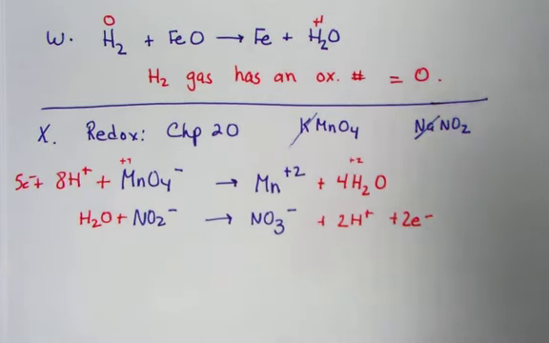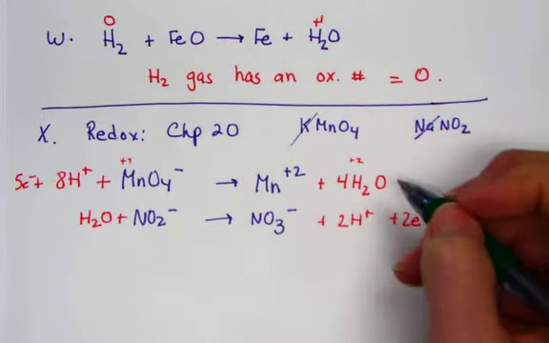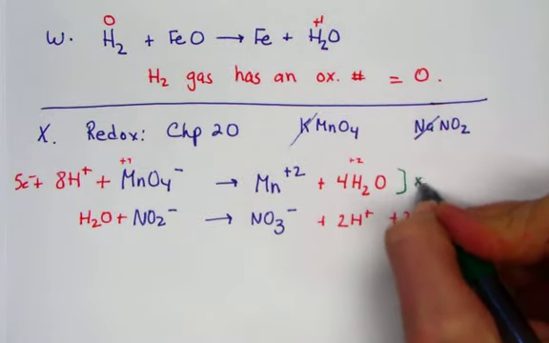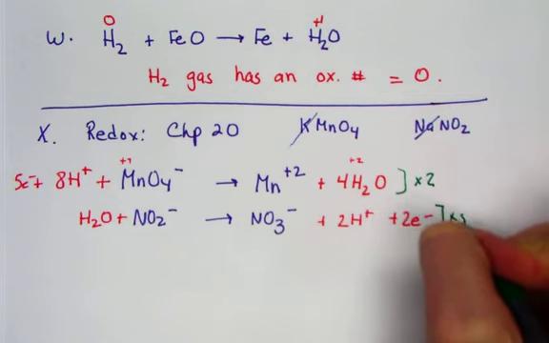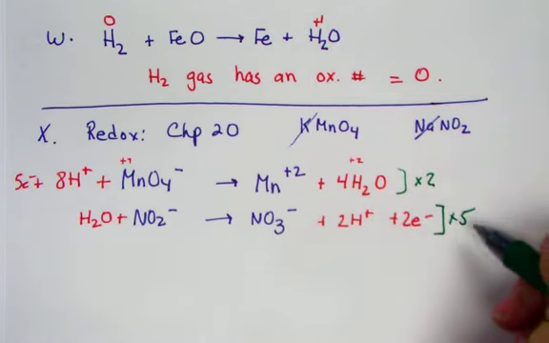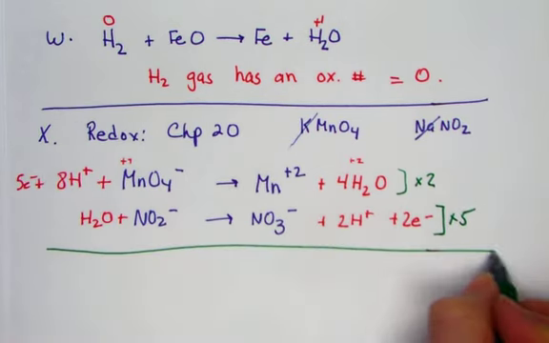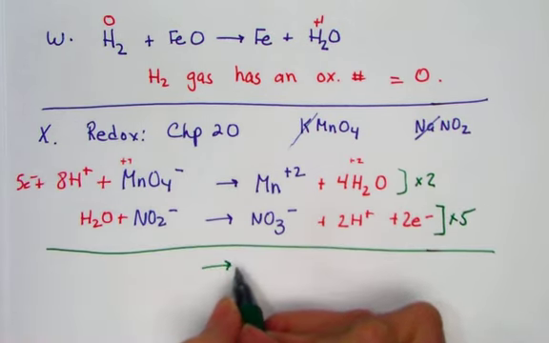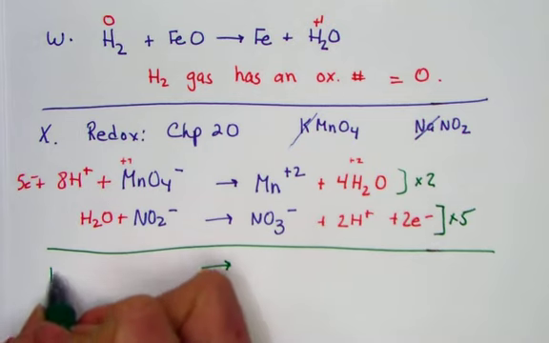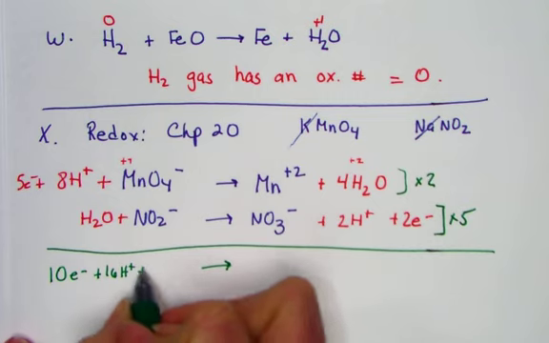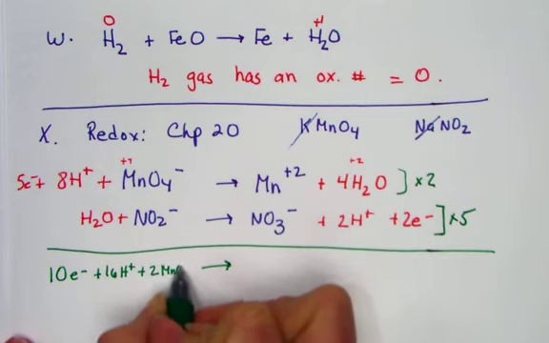Now LEO must equal GER, so if 5 electrons are being gained, we must have the same number being lost. So we'll need to distribute a 2 from the first equation and a 5 through the second equation, and we'll add them back at the same time. 10 electrons plus 16 hydrogen ions plus 2 MnO4 negatives.